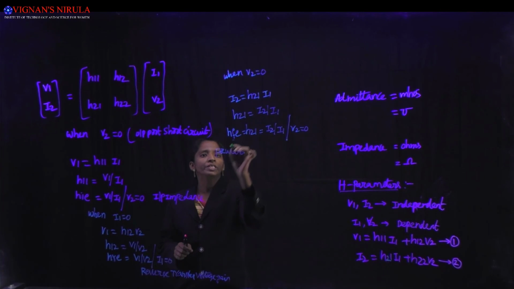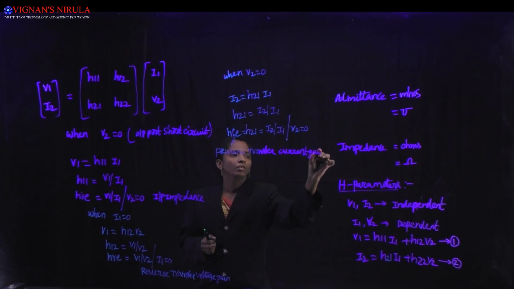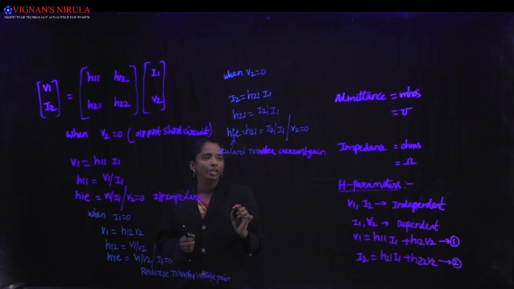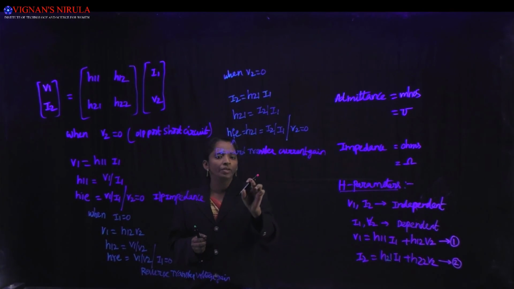Here F represents forward. Forward transfer current gain. Is there any unit for gain? The unit for gain is no units, because I2 units is amps and I1 units is also amps. So amps get cancelled, so HFE is dimensionless. We don't have any units for current gain. Okay?